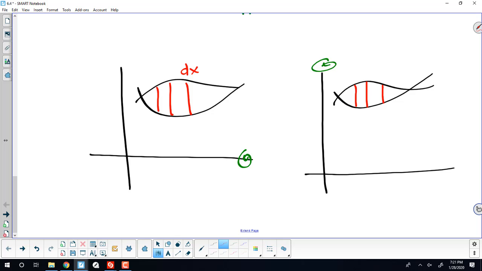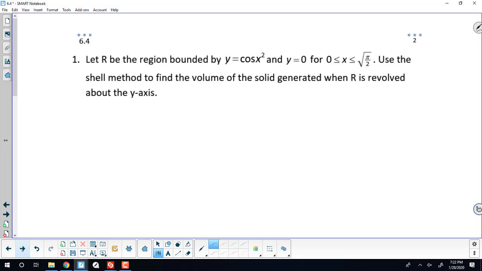Now I'm using the shells instead of the disk or washer. So let's just pretend those two functions are such that it's impossible to solve one or both for x. We couldn't solve it for x. Okay. So we will look at an example where we use both. You do see that it does give you the same volume.